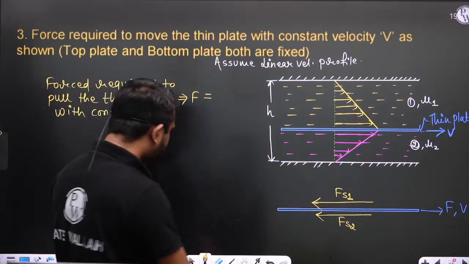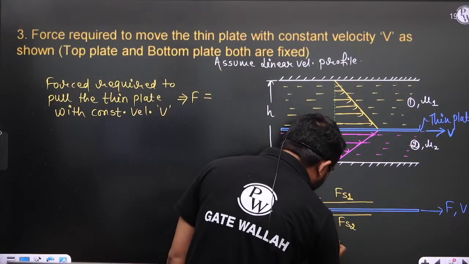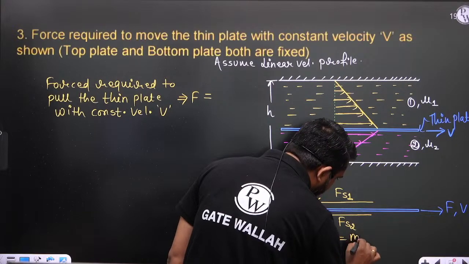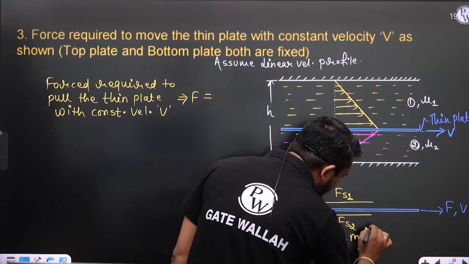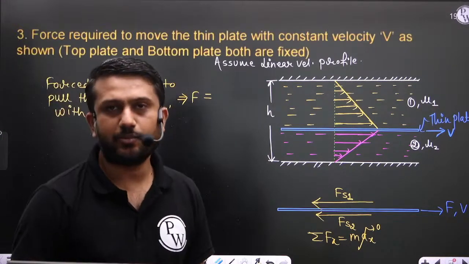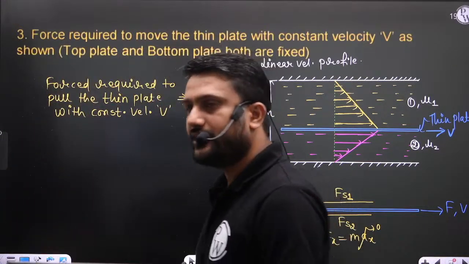Right? And since the plate is moving with constant velocity, we can write summation Fx equals m ax. And what is this ax? That is 0, because the plate is moving with constant velocity, so acceleration is 0.